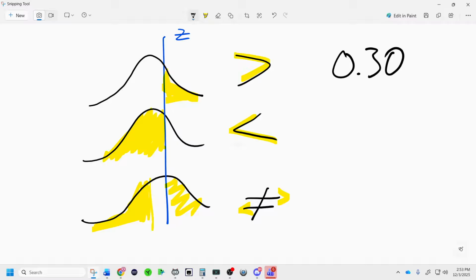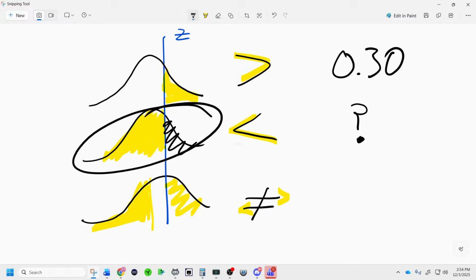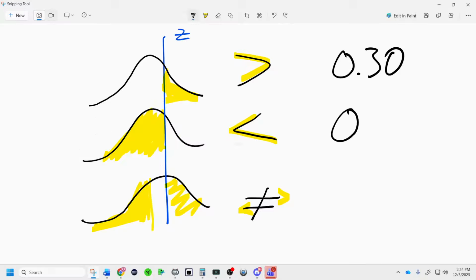They have to add up to 1, because they add up to 100% of the curve. So the next p-value is 0.70. The less than and the greater than add up to 1.